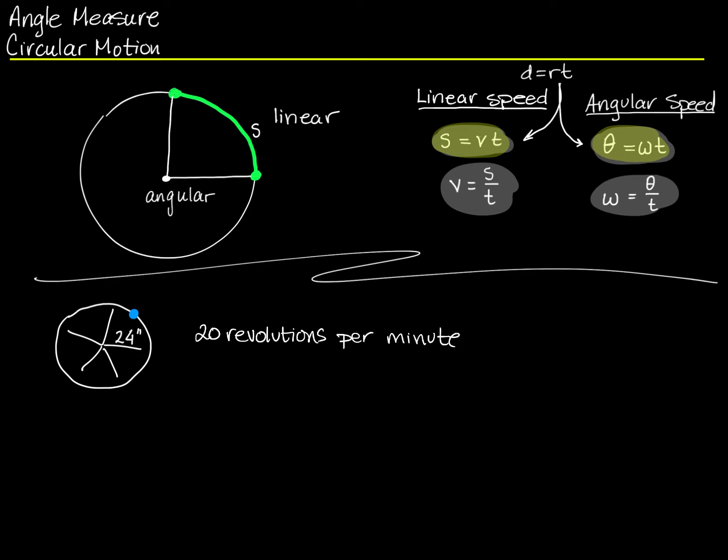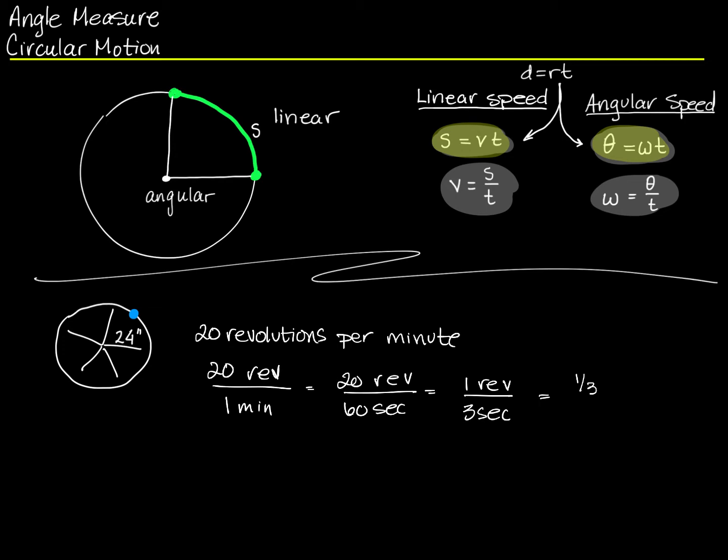And you could convert that if you wanted to. 20 revolutions, it's a rev, per minute is equal to 20 revolutions per 60 seconds. And that's 1 revolution every 3 seconds, or 1/3 of a revolution per second.